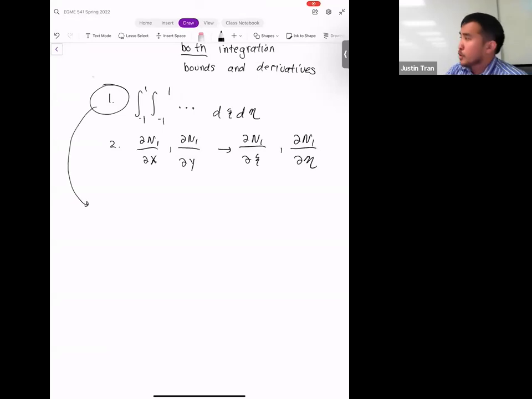Okay. And so to perform this step, we not only just change the bounds, but we have to make our substitutions as well. Right, and so the first step for that is that we change the bounds.